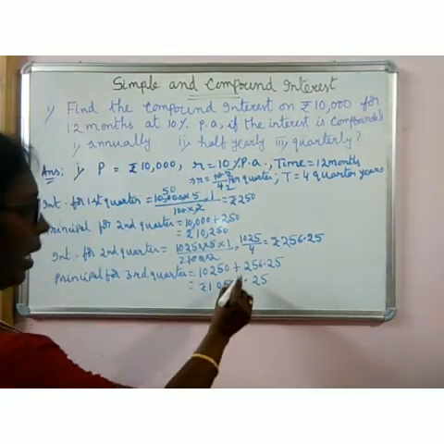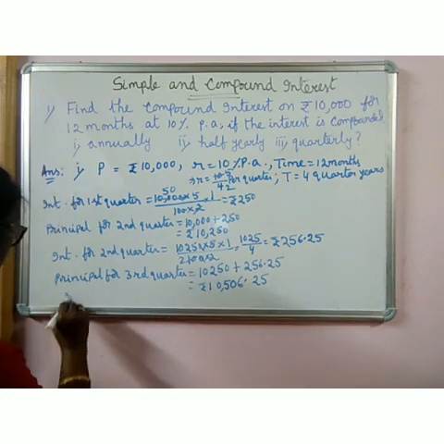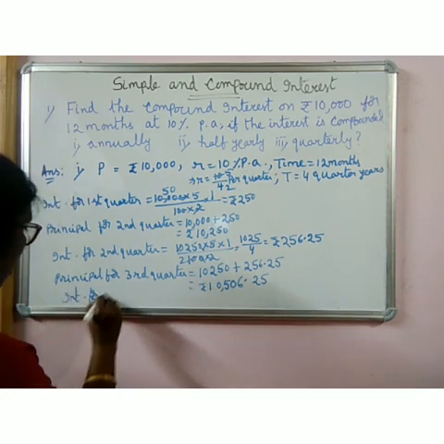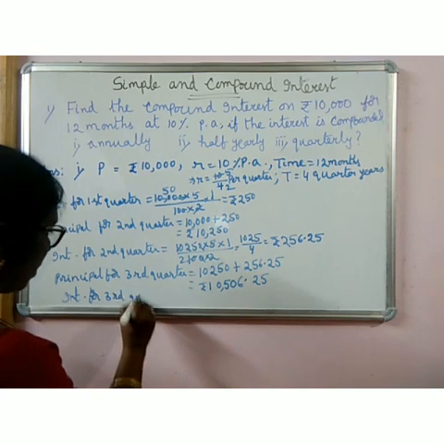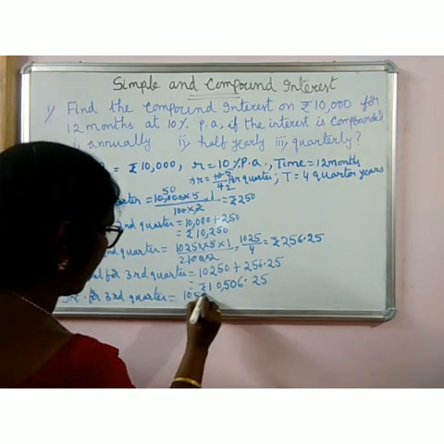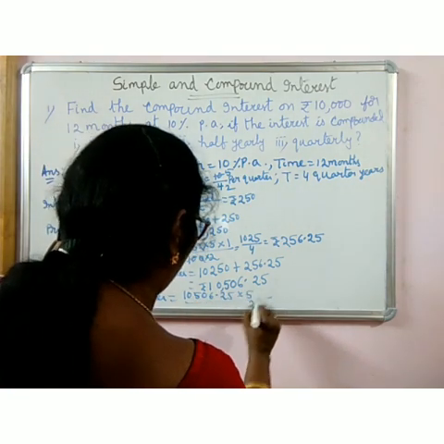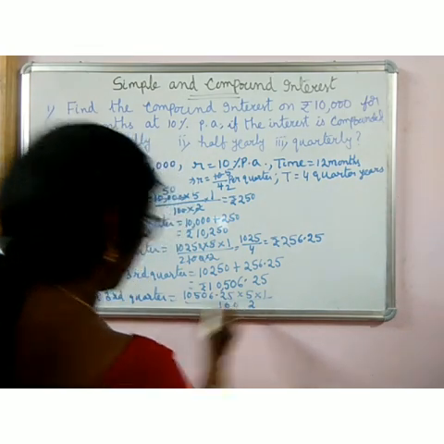Again we have to find the interest for the third quarter. Interest for the third quarter equals 10,506.25 into 5/2 into 1 by 100.